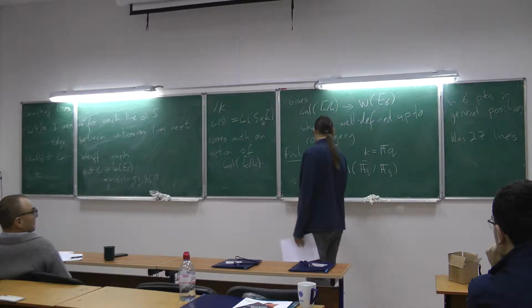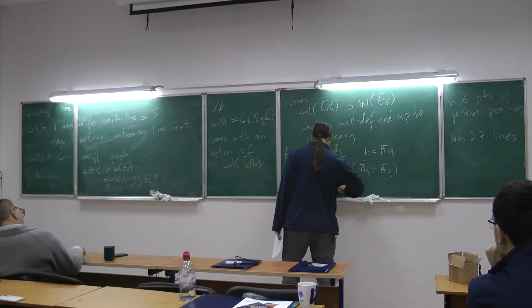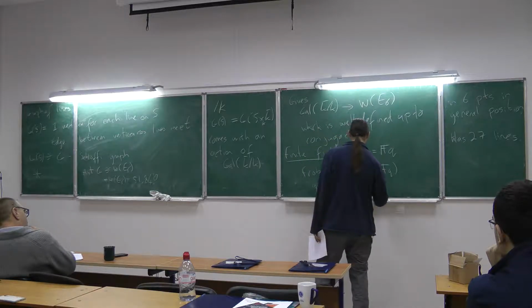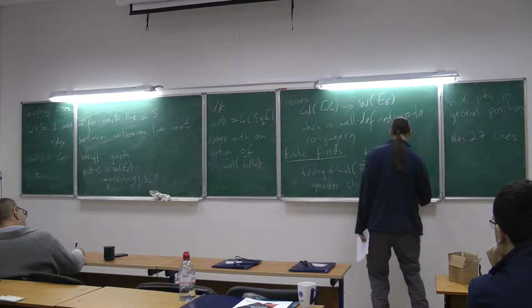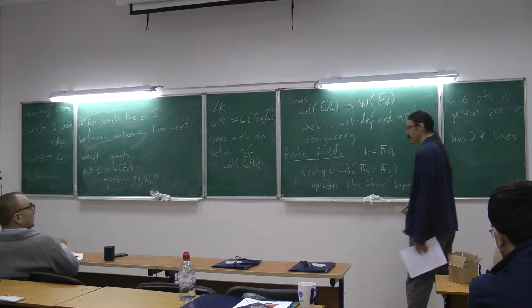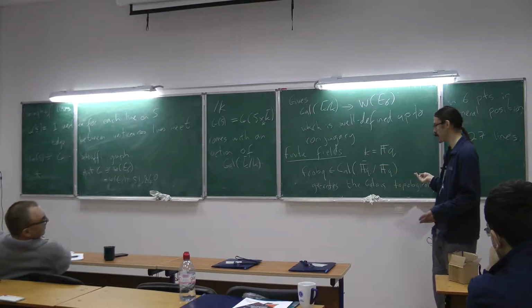And the Frobenius element generates the Galois group topologically. Namely, if you take all powers of the Frobenius and then take the closure, it equals the whole group.